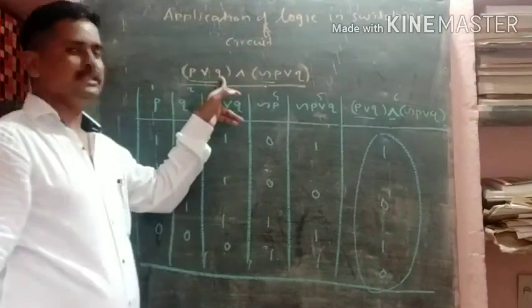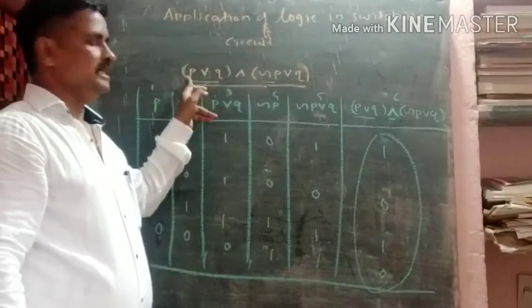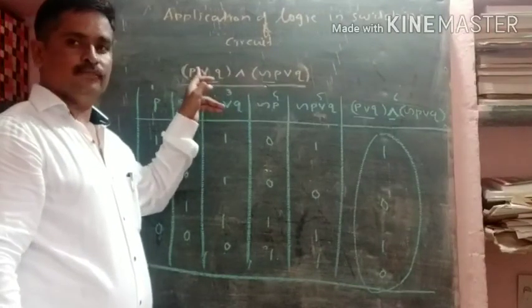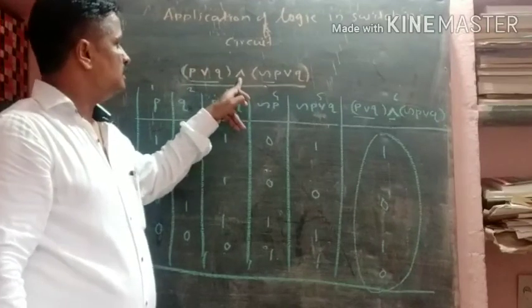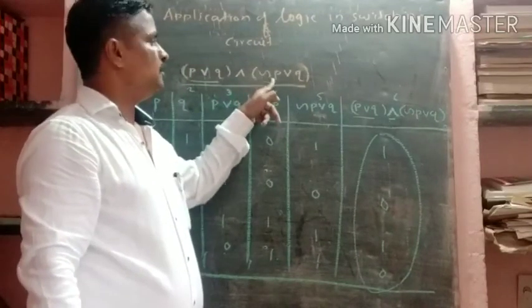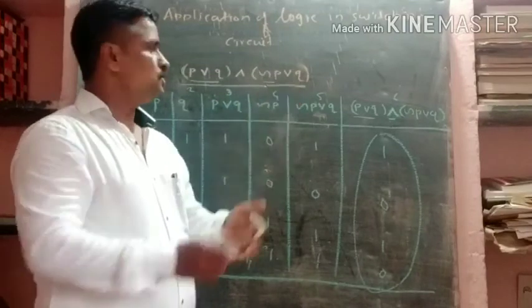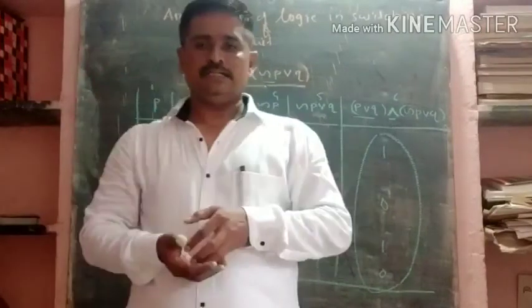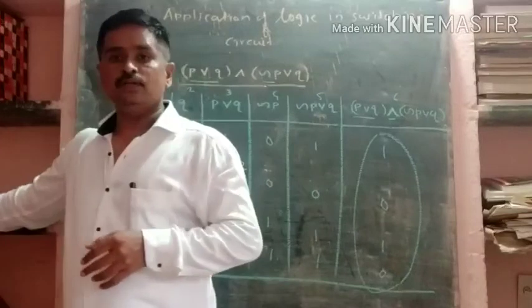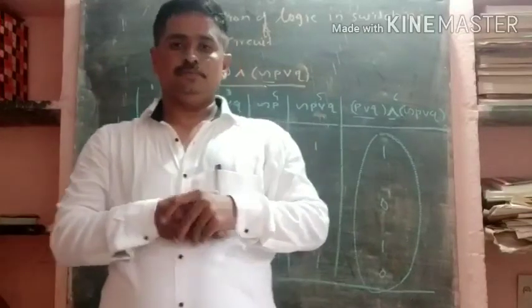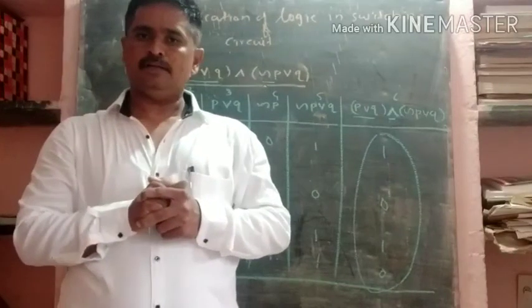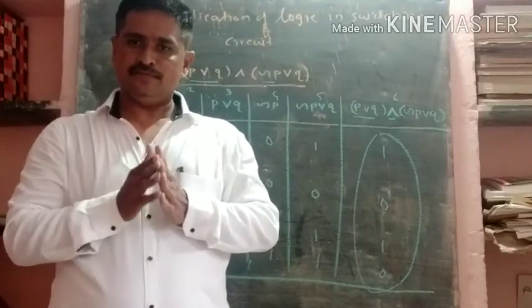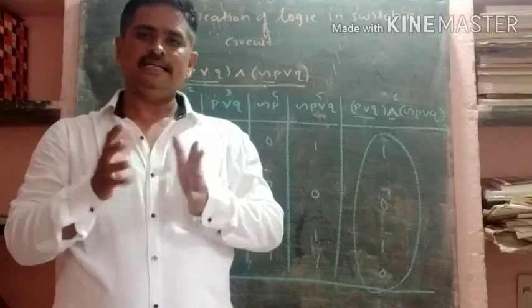So P disjunction Q means S1 connected with S2 in a parallel way. Again it is connected in series with negation of P disjunction with Q. So while constructing a switching table of any logical statement, we have to consider the given statement as switches S1, S2 and S3.